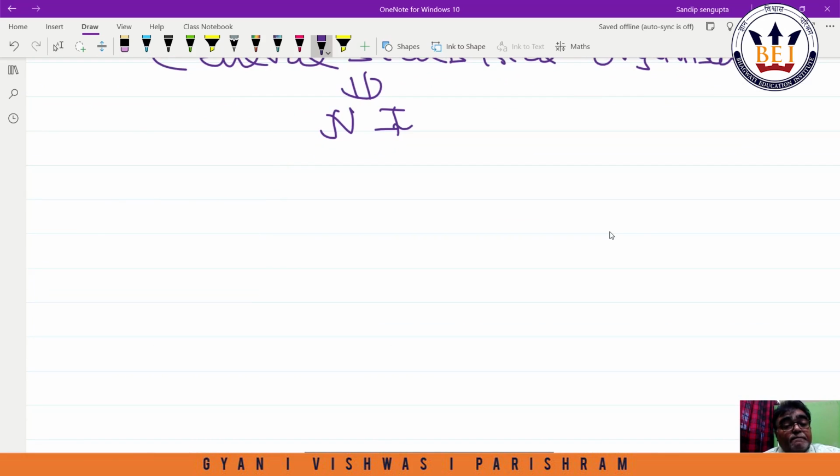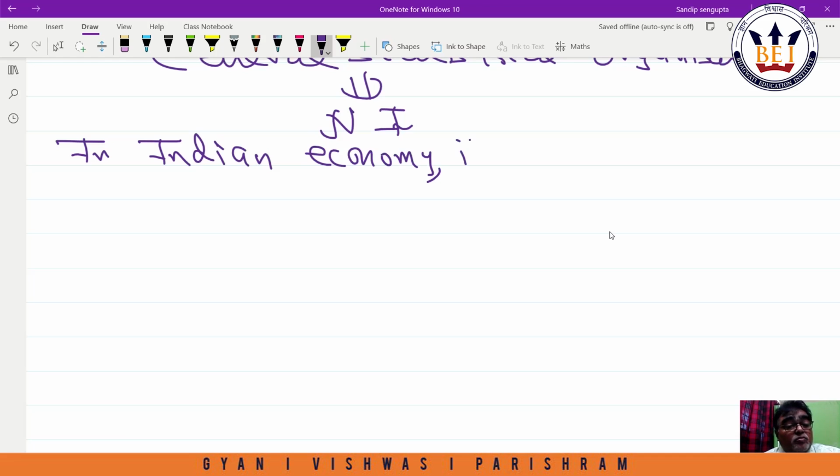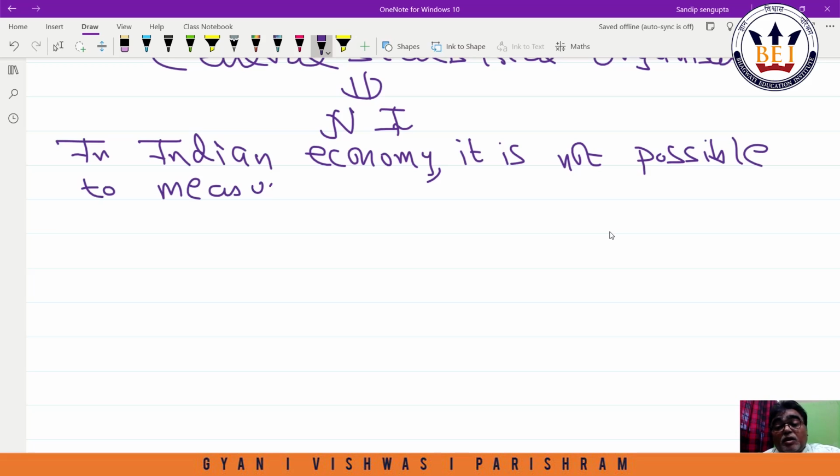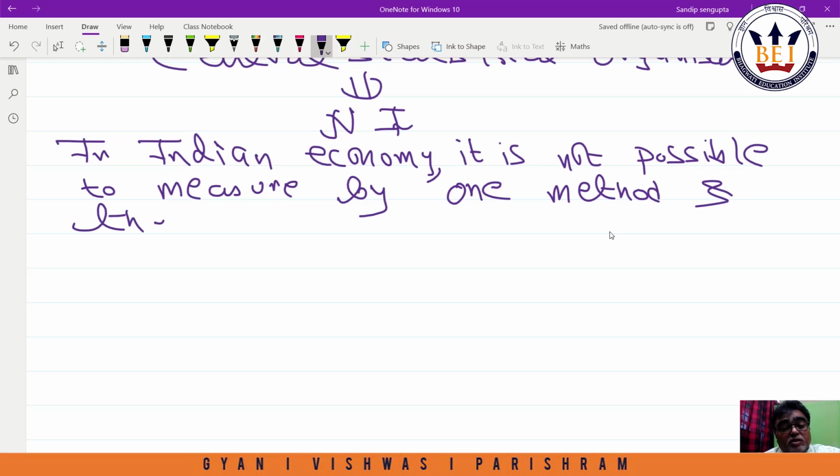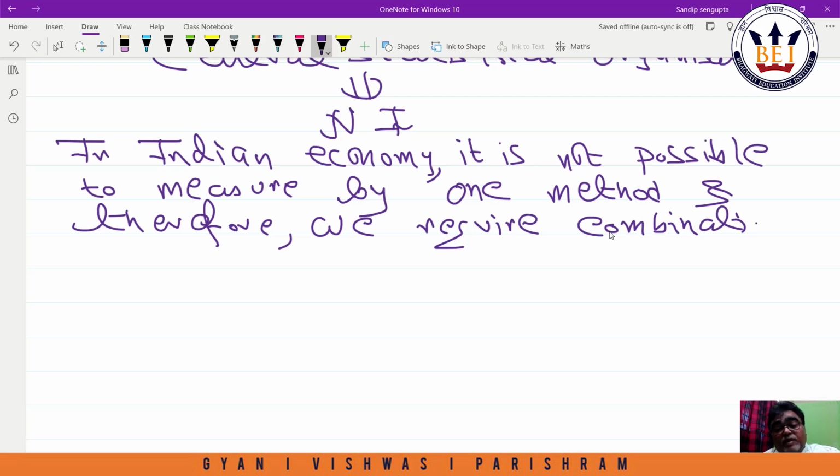In the Indian economy, it is not possible to measure by one method, and therefore we require a combination of three methods.